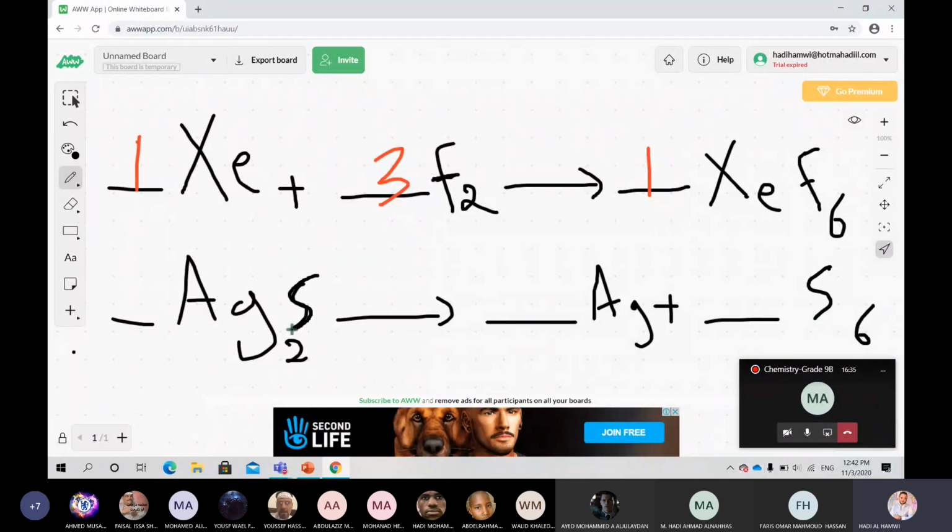We have one S. Let's solve it, please. I'll give you 2 minutes. Balance this chemical equation.